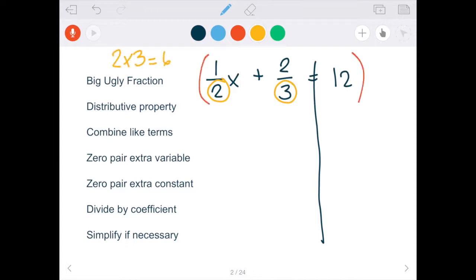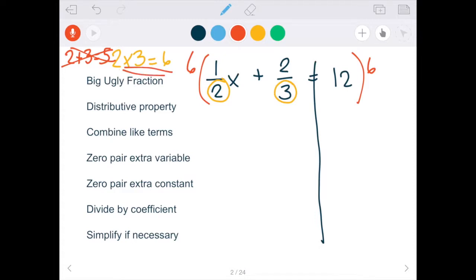So 6 is the number that we're going to use. Okay. I saw on the homeworks that some people turned in as they were adding the numbers, they were saying, okay, 2 plus 3 equals 5, and then they were using 5. That is not the way to do this. You multiply those two denominators and use the number that you get.